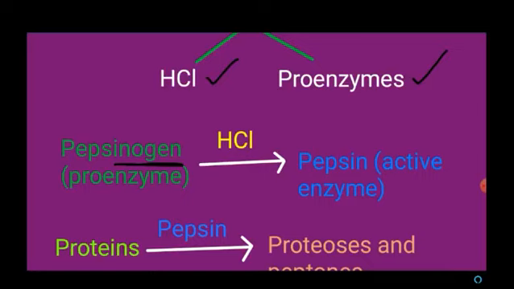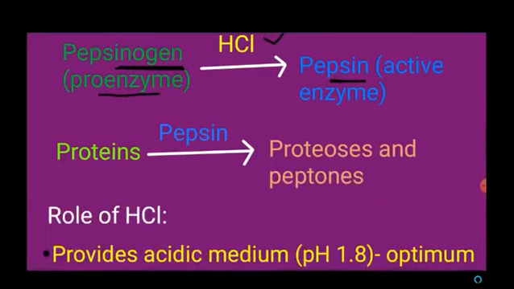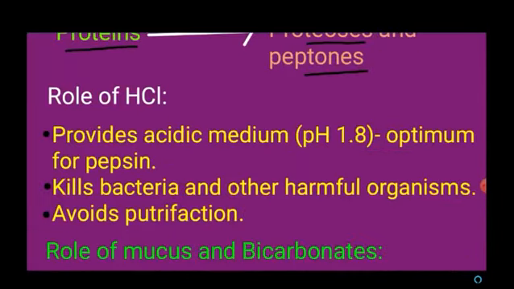So the pepsinogen is a proenzyme which is in inactive state and it gets activated into pepsin, which is an active enzyme, in the presence of HCl. After activation of the pepsinogen into pepsin, active pepsin acts upon proteins and hydrolyzes the protein into proteoses and peptones.